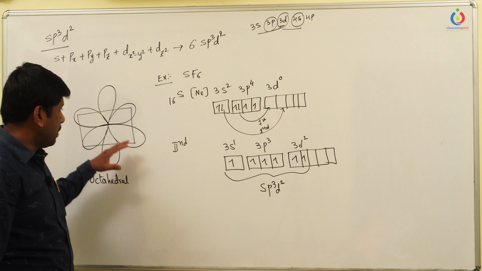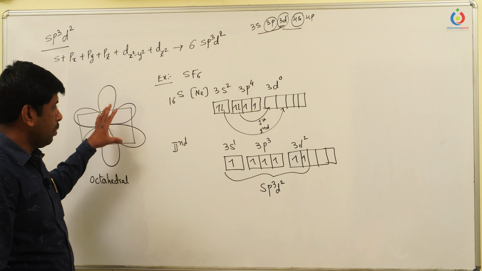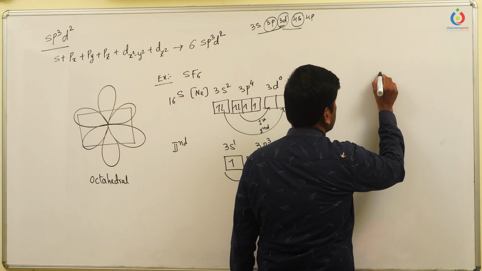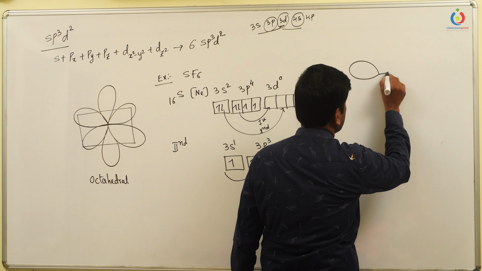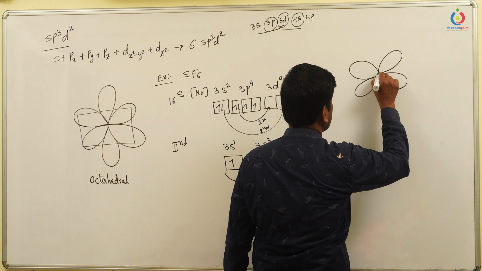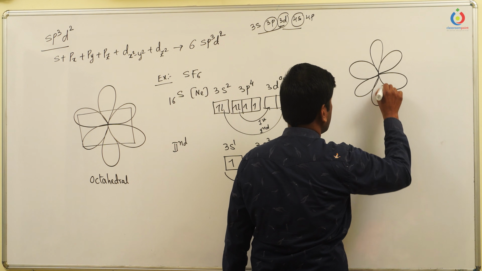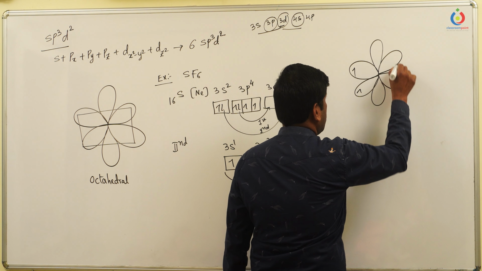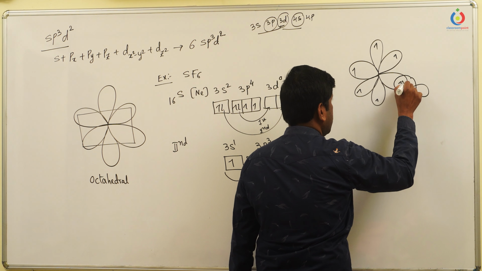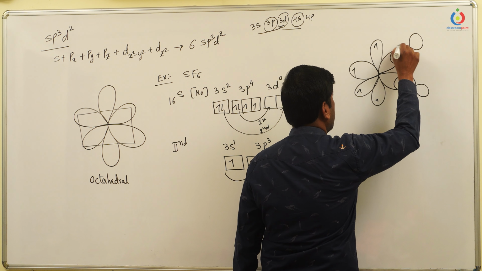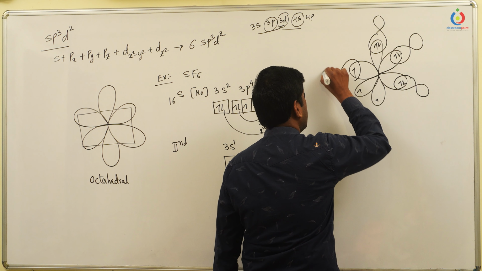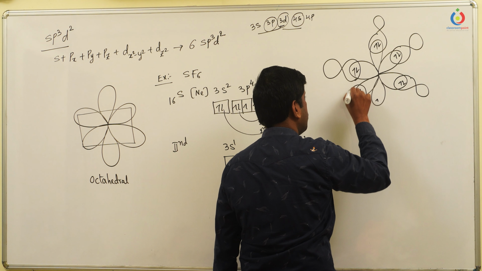So the shape of these six sp3d2 hybrid orbitals looks like this. Hence here we can write that each of these orbitals is occupied by one electron. Afterwards, they overlap with the p orbital electron of fluorine to get the six sulfur-fluorine bonds.